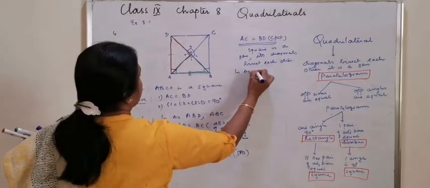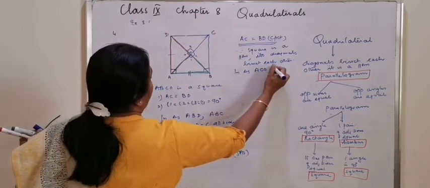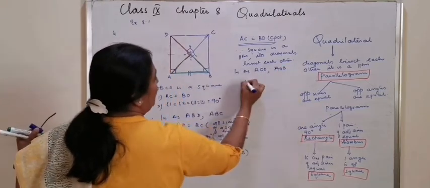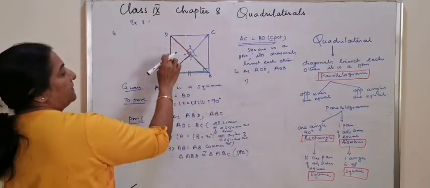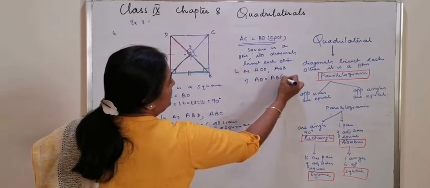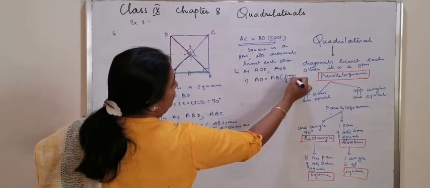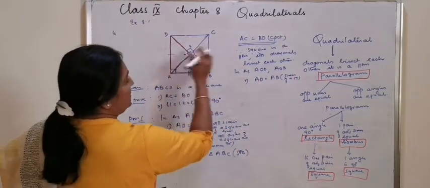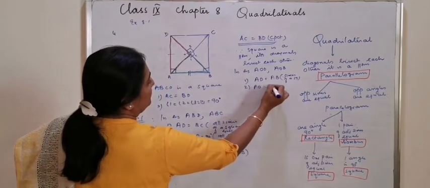In triangles AOD and AOB, the first part, AD is equal to AB, sides of a square. The second part, AO is equal to AO, common.